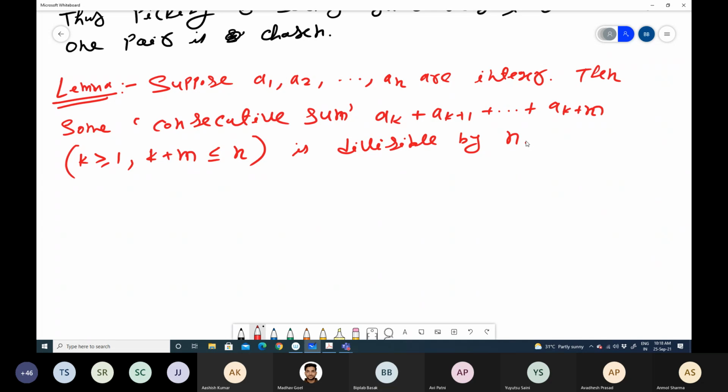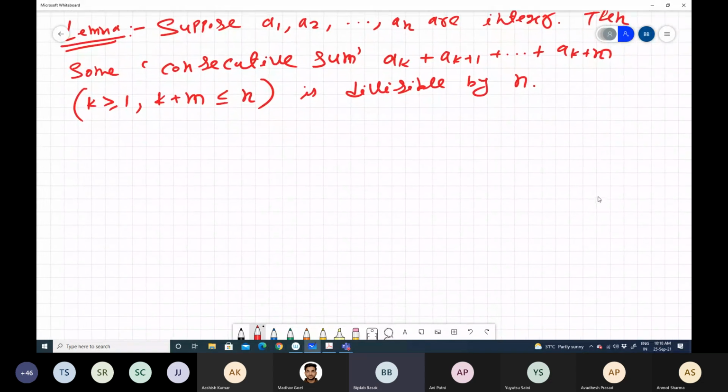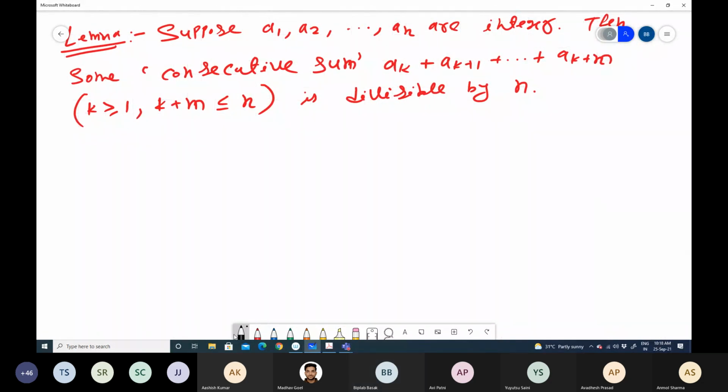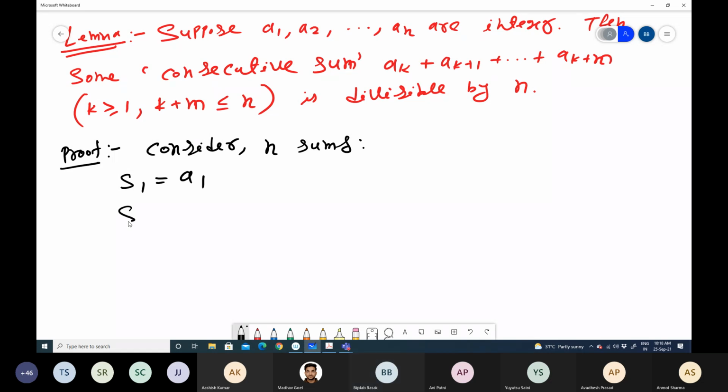Now here is the proof. We use the pigeonhole principle to prove this lemma. First we consider n sums: S1 is just a1, S2 is a1 plus a2, S3 is a1 plus a2 plus a3.